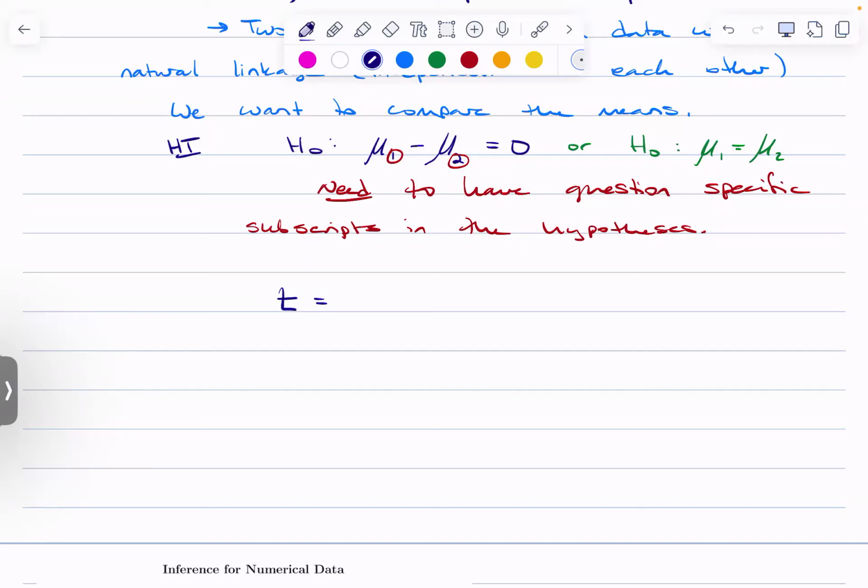X1 bar minus X2 bar, that's my point estimate, right? My best guess at what mu1 minus mu2 looks like. I see how far this difference is from 0, but I don't even write the minus 0. Technically, that's what we're doing, right? We're seeing how far this point estimate is from my hypothesized difference of 0, right? And so we don't need to write it.